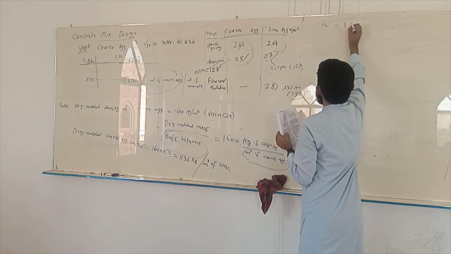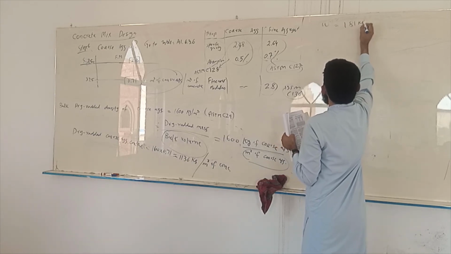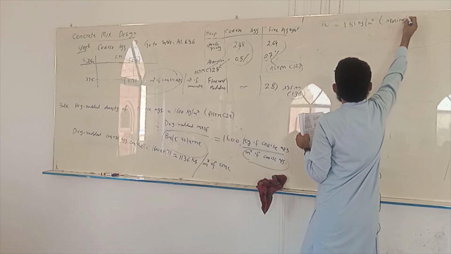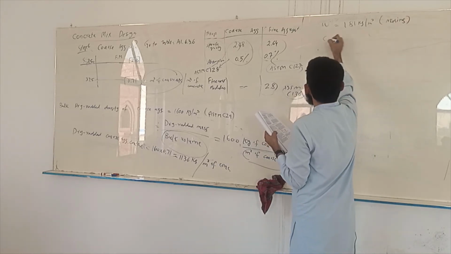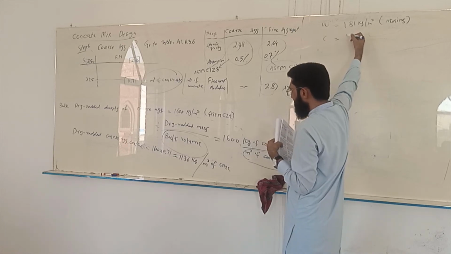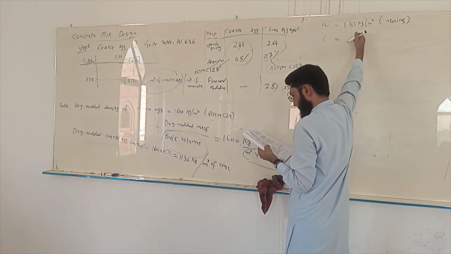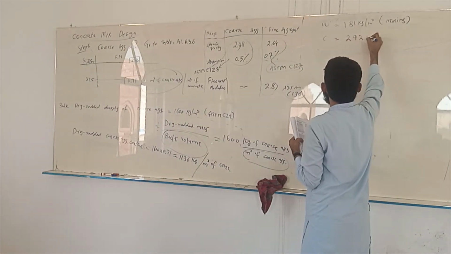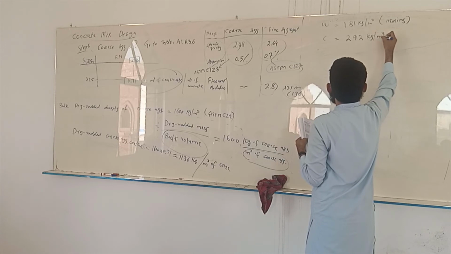Water was 181 kg per meter cube, and this is the mix of water that you need. And what else? Cement. What was cement? 292 kg per meter cube.